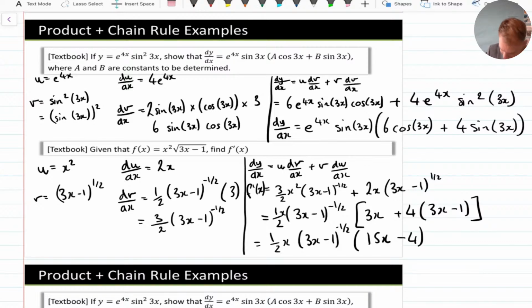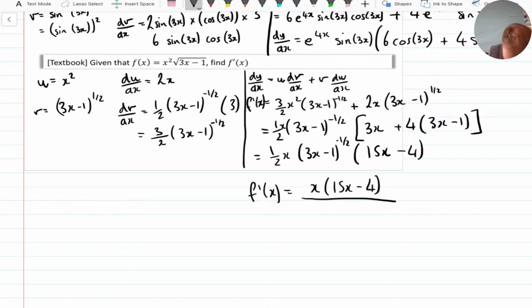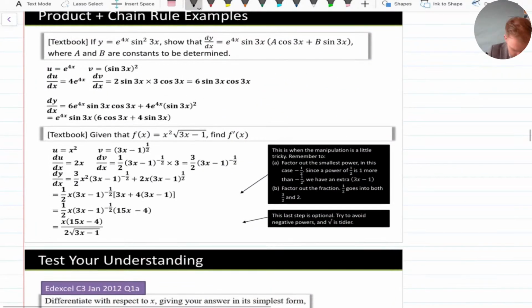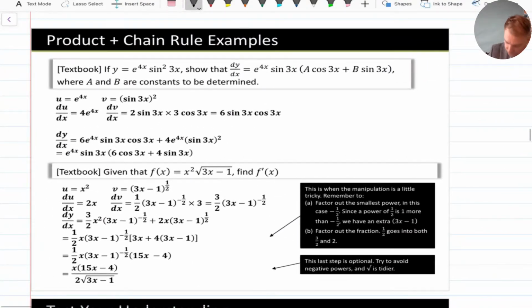So the last little stage here is going to be f dash of x is equal to, right, that half's on the bottom, the x is on the top, so it's going to be x times by 15x minus 4 all over 2 root 3x minus 1. Brilliant. Check that. Yeah, there you go. Super. It is tricky, that.